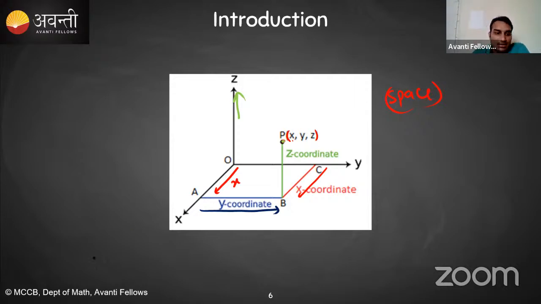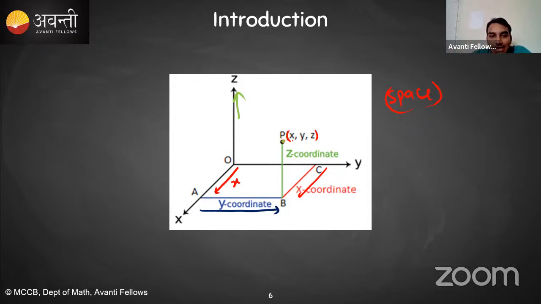Tell me, the XY plane is dividing my screen into 4 parts, right? There are 4 parts. But if I have a 3-dimensional space, there are 3 axes: x axis, y axis, z axis.